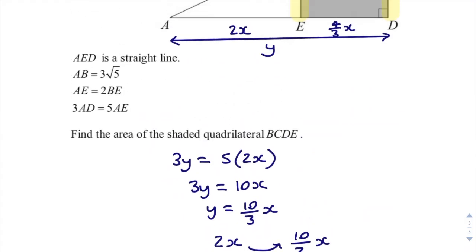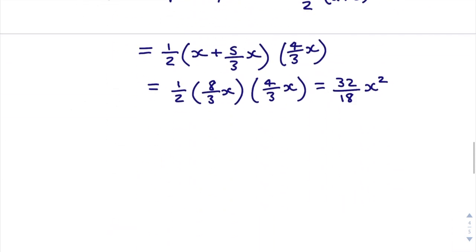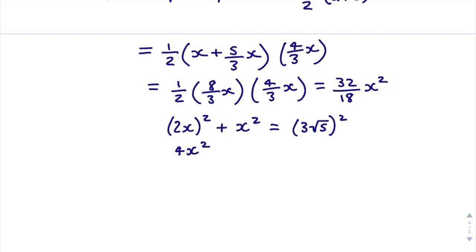So if we use Pythagoras' theorem on the triangle ABE, we're going to say that (2x) all squared plus x squared is equal to (3√5) all squared. Well, (2x) all squared is the same as 4x squared, plus x squared is equal to (3√5) all squared.